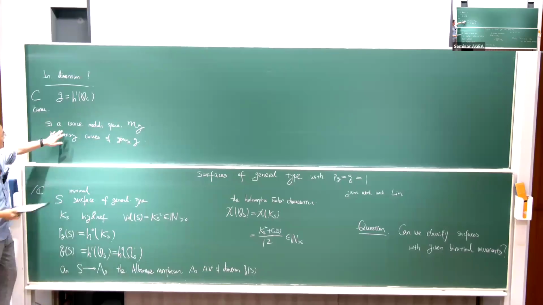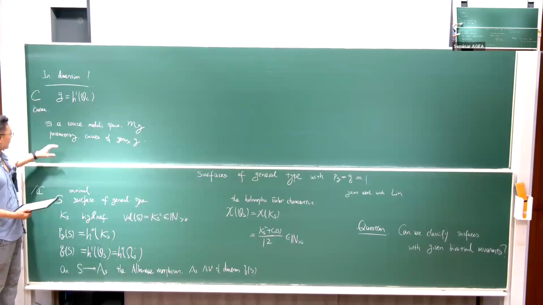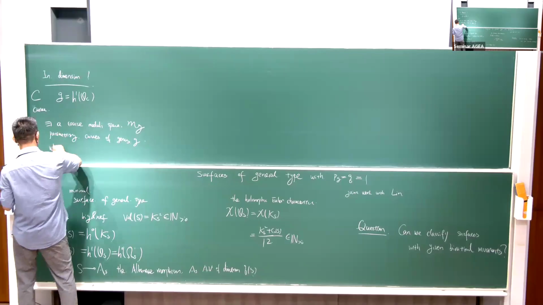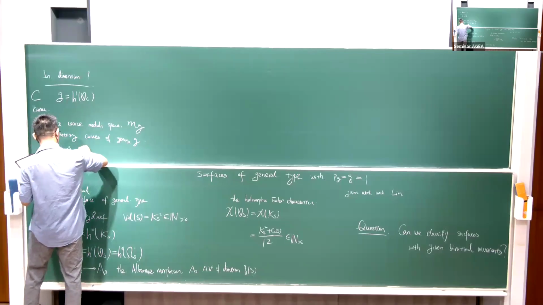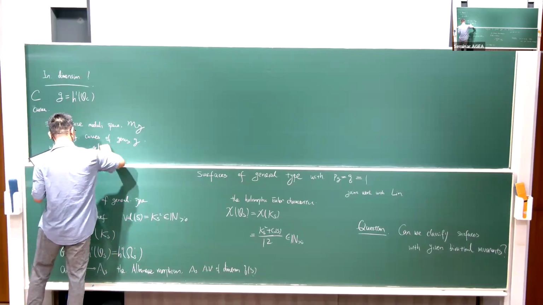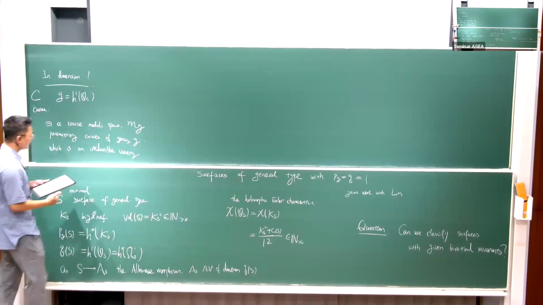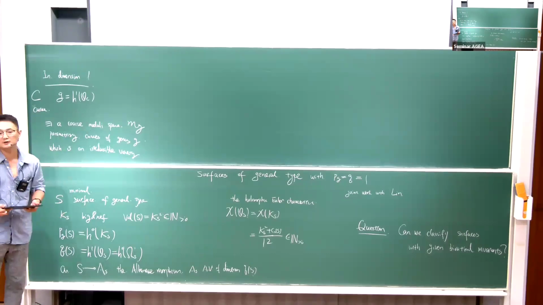Coarse moduli space means that it has certain moduli properties, but I'm just going to say the isomorphism classes form a moduli space, and we know that this M_g is actually an irreducible variety. This is actually a very deep result. It says that all curves of genus g can deform to each other as smooth curves.